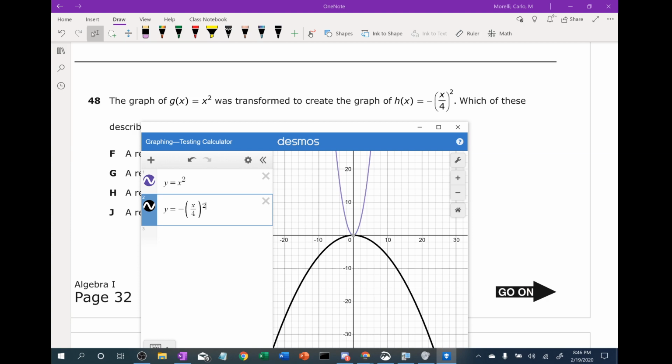See that? So it flipped over the x-axis and it got fatter. It got horizontally stretched.